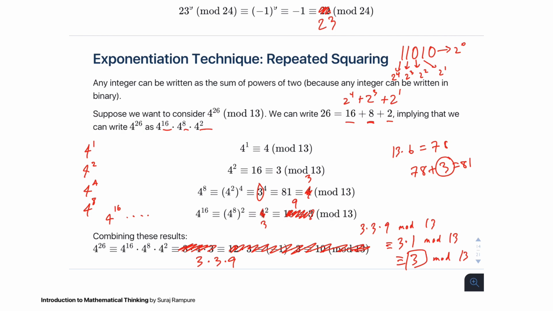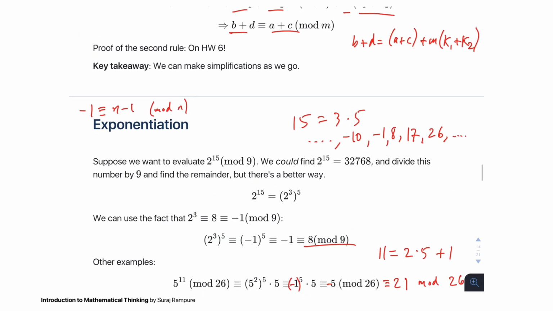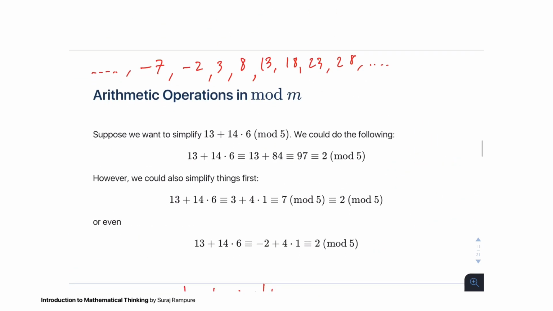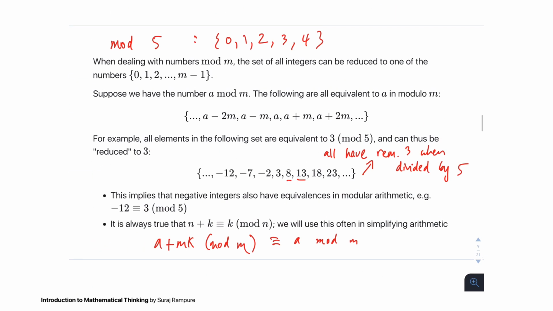Yeah. Division is not closed over the integers, so we might get some numbers that are not integers when we divide. Exactly. When we divide two integers, we don't necessarily get an integer. But as we've mentioned many times today, when we're dealing with modulo m, we can consider all integers as being equivalent to either 0, 1, 2, to m minus 1.